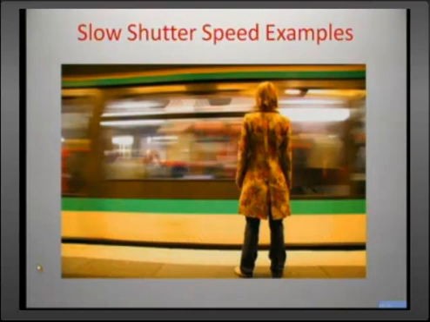Now here's a method of, again, putting your camera on a tripod, having a stationary subject, such as the back of the lady that you see here, as a subway train goes by very fast.